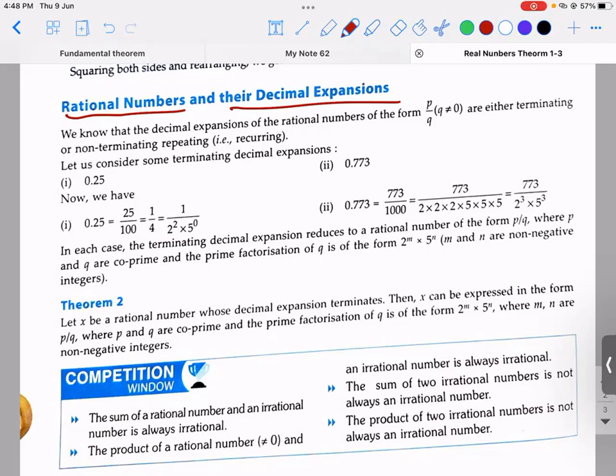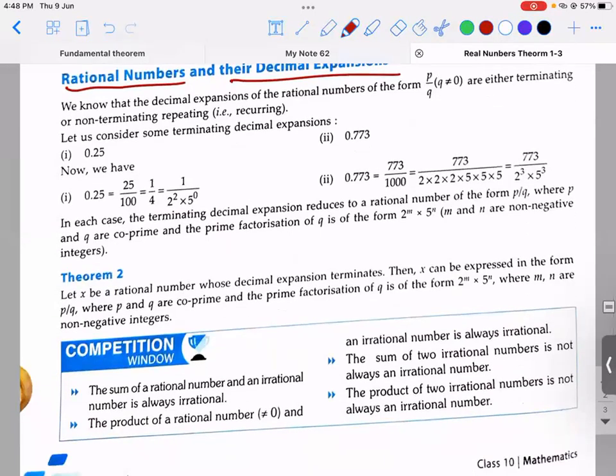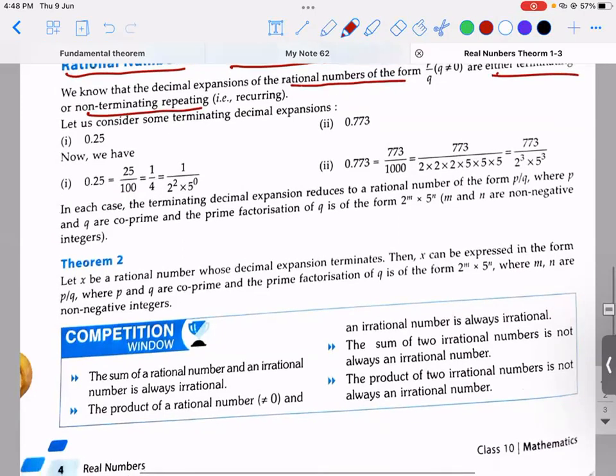So in that also you have 2 scenarios: one is terminating, and the second is non-terminating and repeating. We know that decimal expansions of rational numbers p by q are either terminating or non-terminating and repeating. Let us consider some terminating decimal expansions. For example, if I have 0.25, how will I write it in the p by q form?